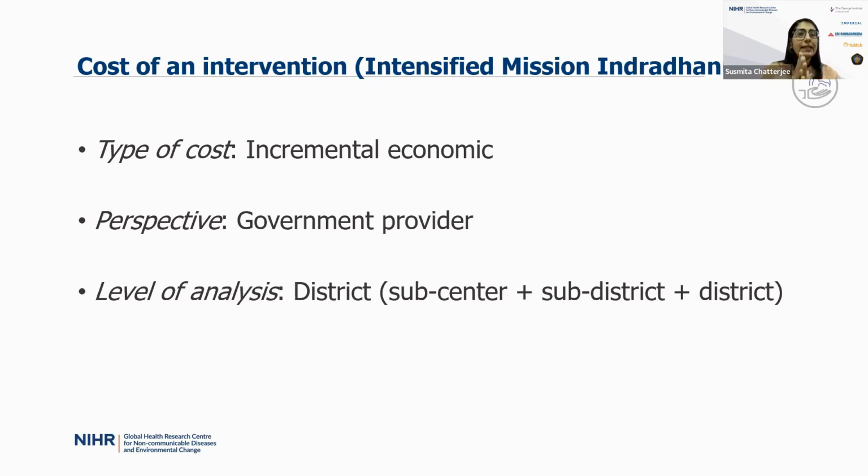So basically what I am trying to say is that the Government of India introduced a new program to improve the immunization coverage in the country. What did they do? They found the states, and then in the states, the districts where the immunization coverage is very, very poor. They identified those, and then they did a special drive.